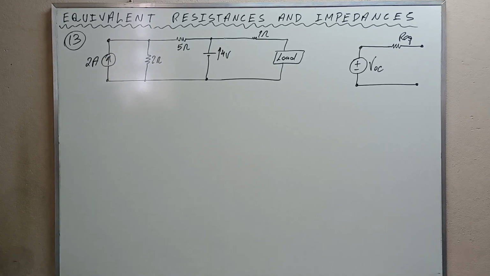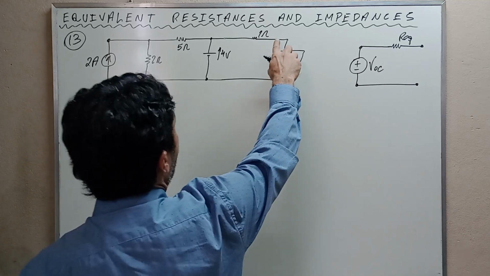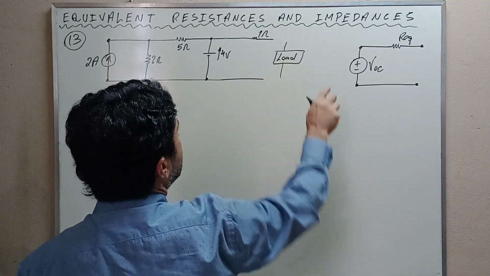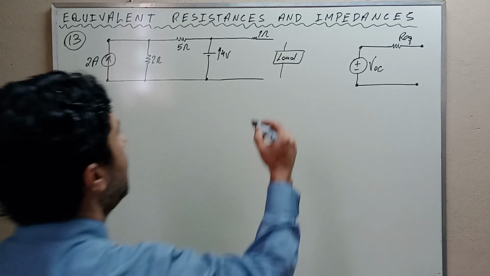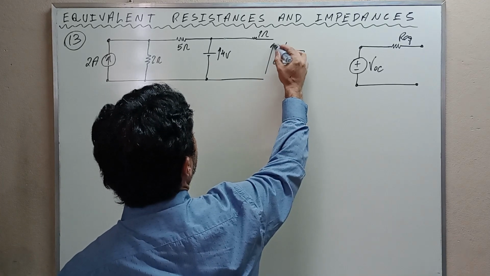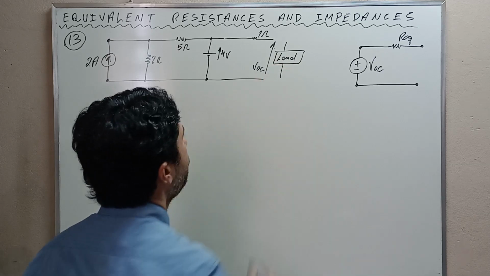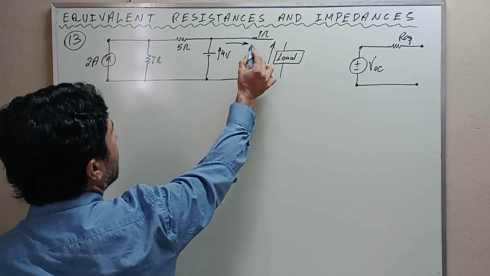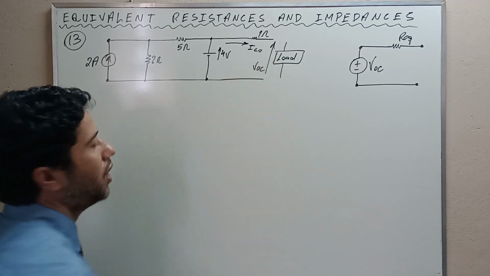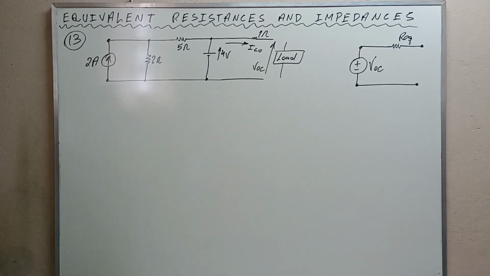Firstly, let's calculate the open circuit voltage, and to do so, we open the circuit at the load. We will open the circuit here at the load. Okay, we are going to disconnect the load and calculate the open circuit voltage, and this is I load, the current that goes to the load.